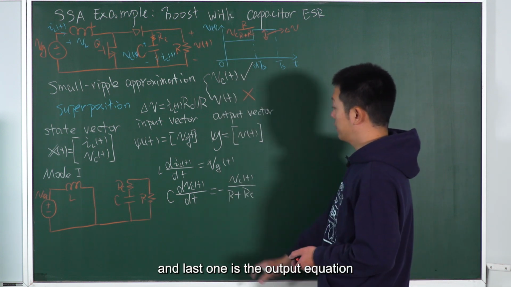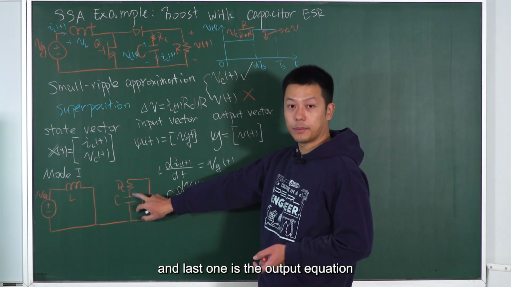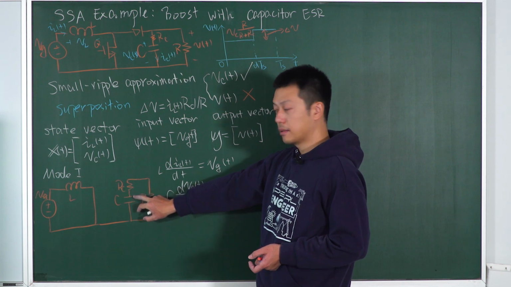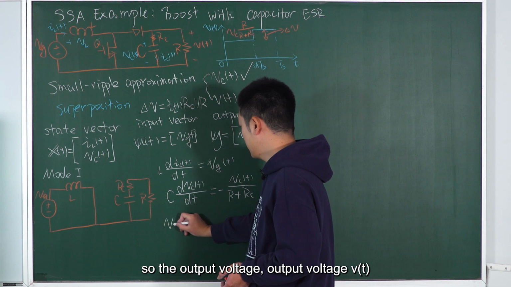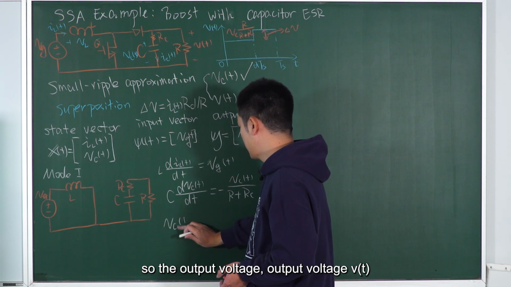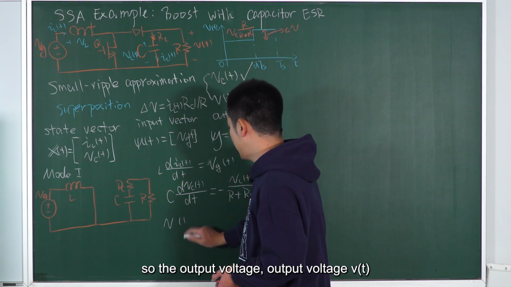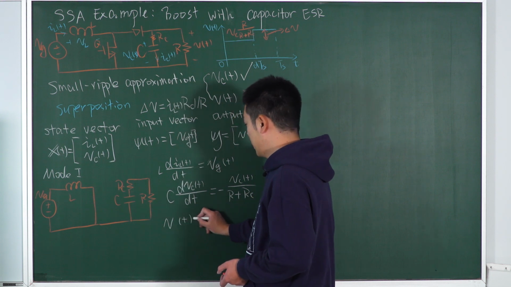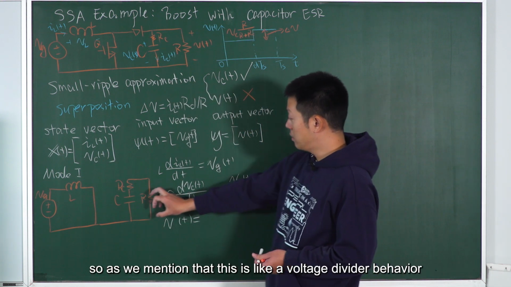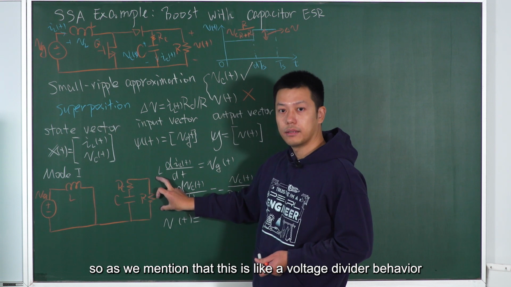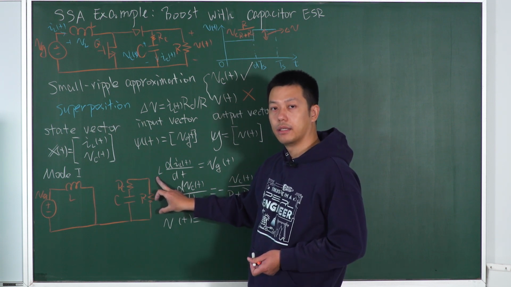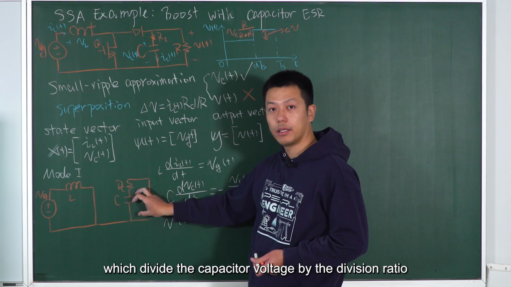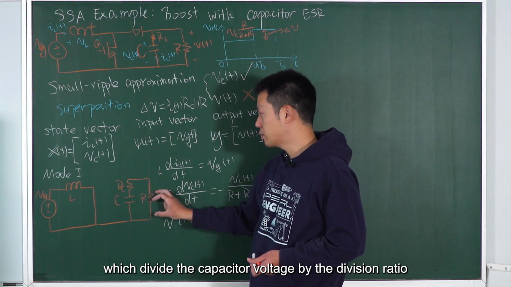And the last one is the output equation, the output voltage Vt. As we mentioned, this is like a voltage divider behavior, which divides the capacitor voltage by the division ratio, right?